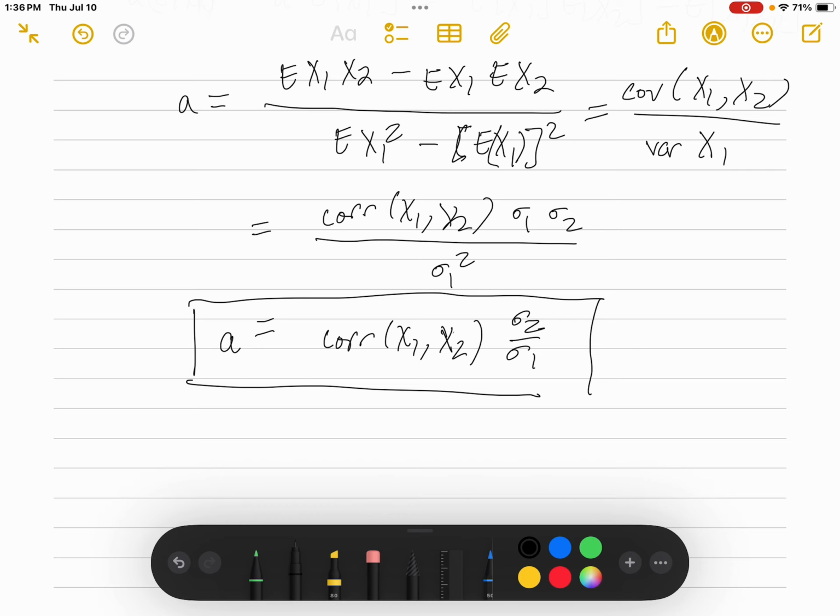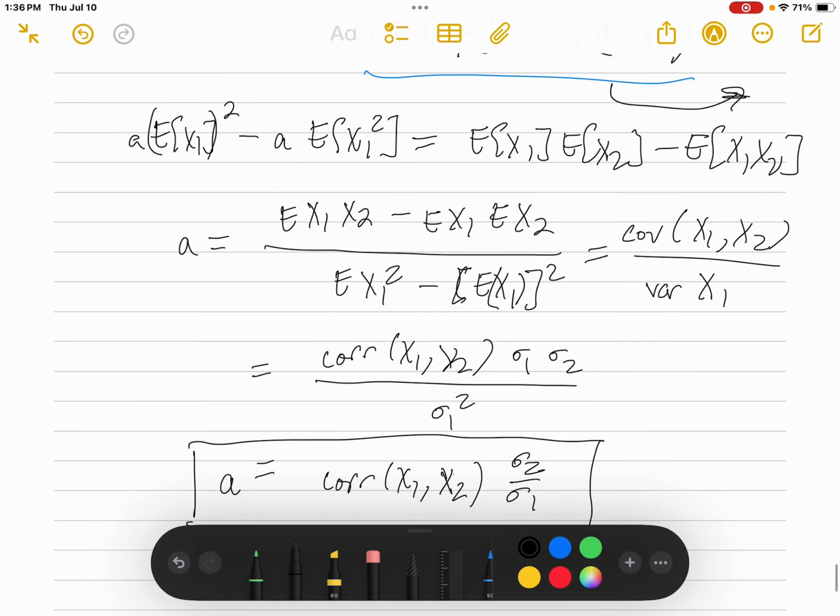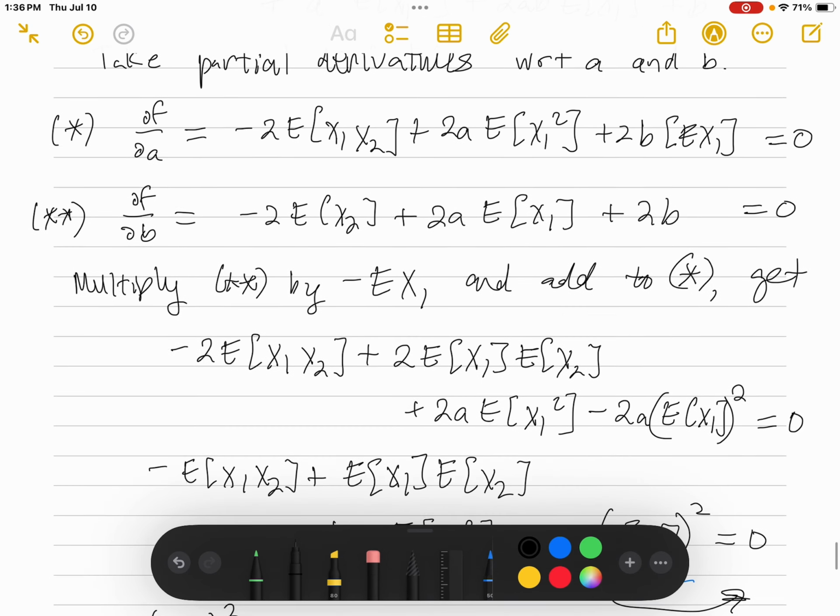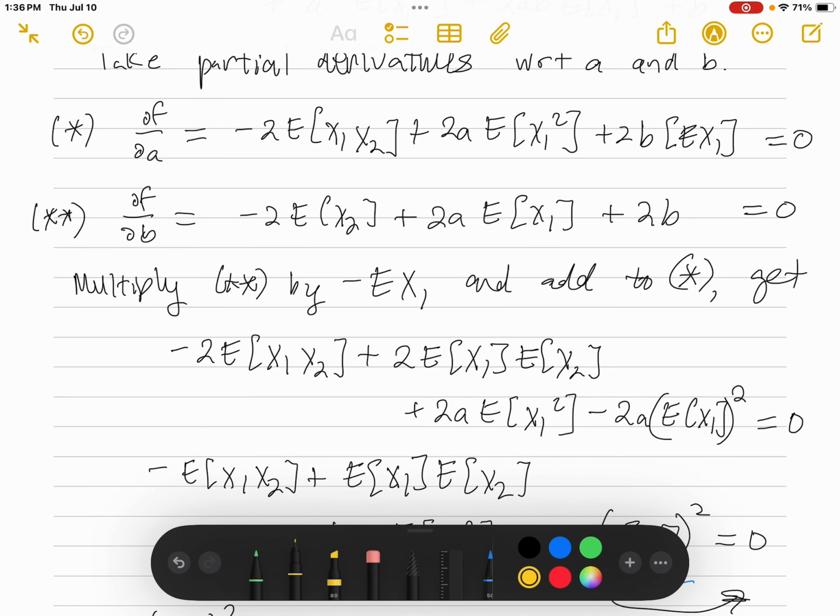Now let's solve for B. Well, for B, we can use the second equation here. So if you plug in A, let's divide both sides by 2. We get that B is equal to expectation of x2 minus A times expectation of x1.